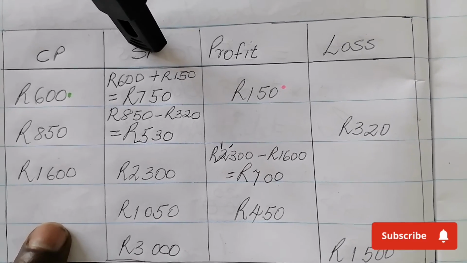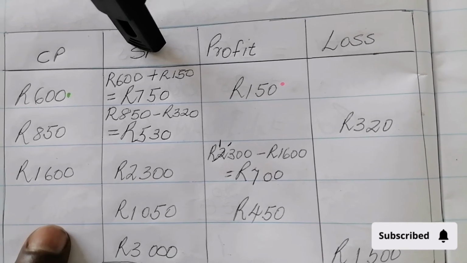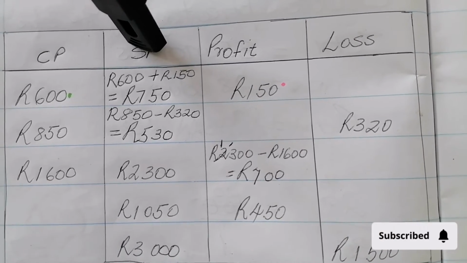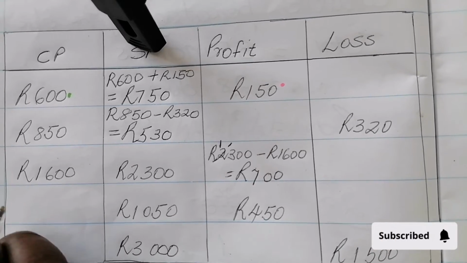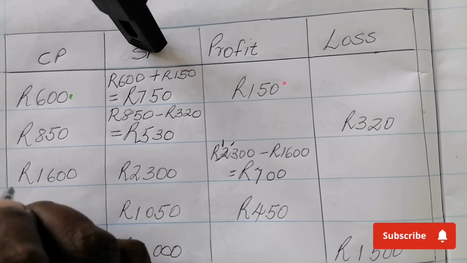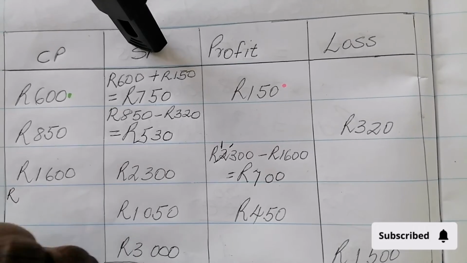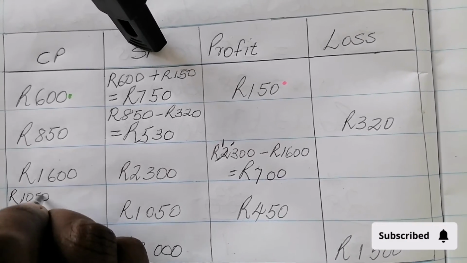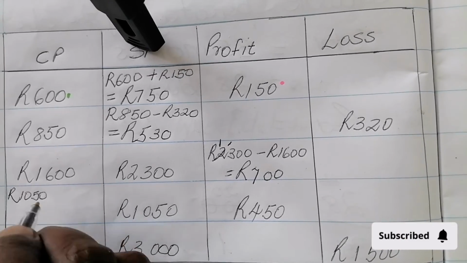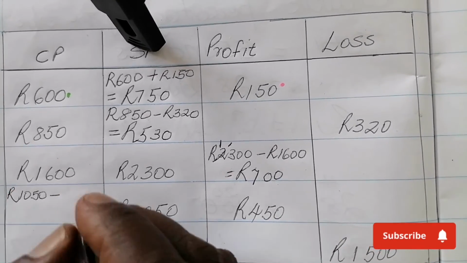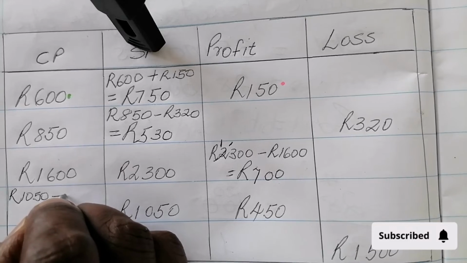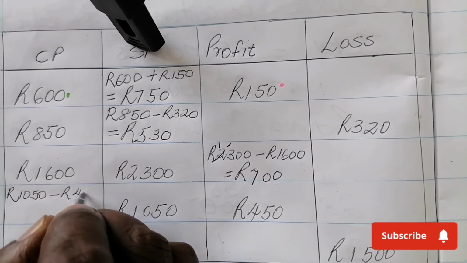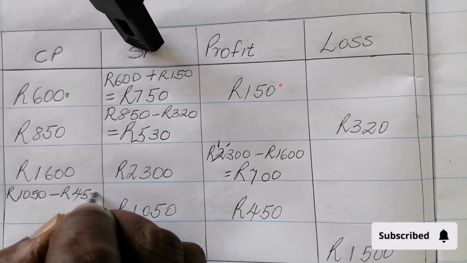What we're gonna do is to say selling price, which is the amount of 1,050 rand, minus the profit, which is 450.